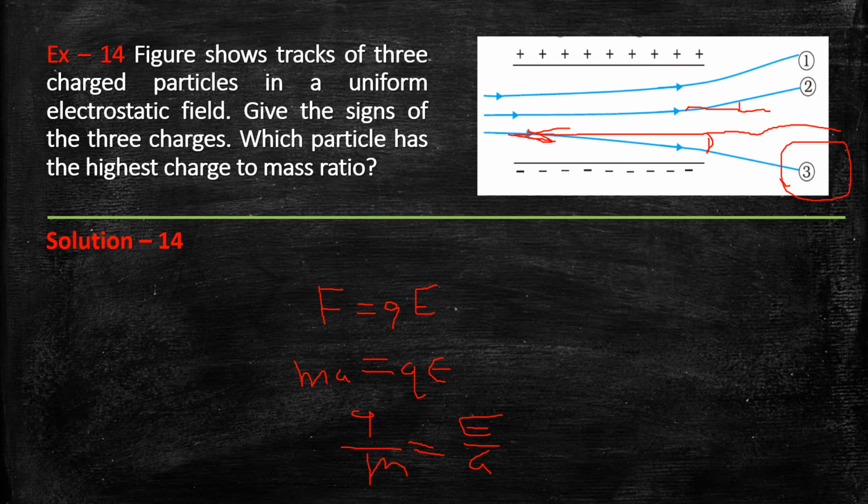So this is how we can find out the charge to mass ratio, and which one of the three is having more deflection? The third one. So I can say that if charge is more, say the electric field is the same for both, then only the force will be more. So the third one should have more charge to mass ratio. In other words, you may say that the third one must be a lighter particle so that it got deflected more.